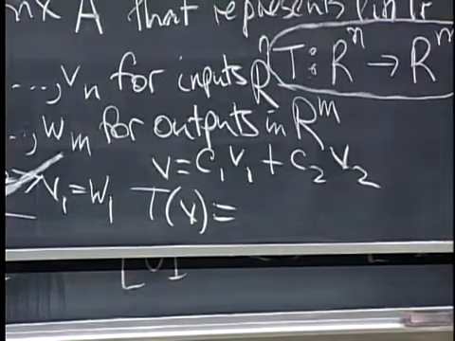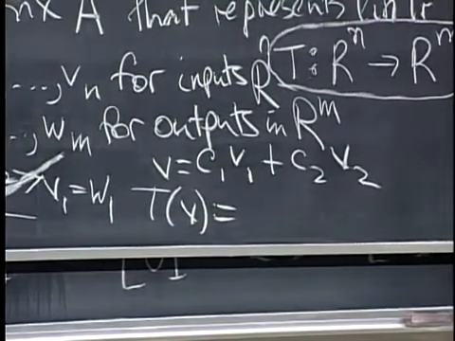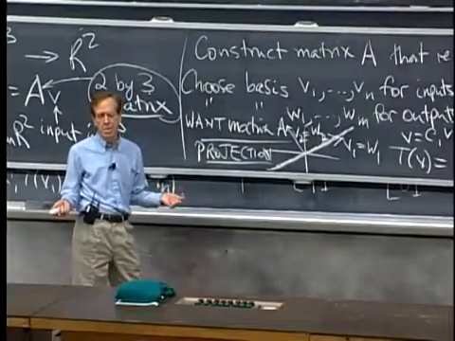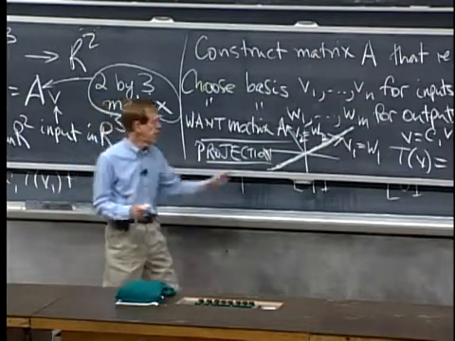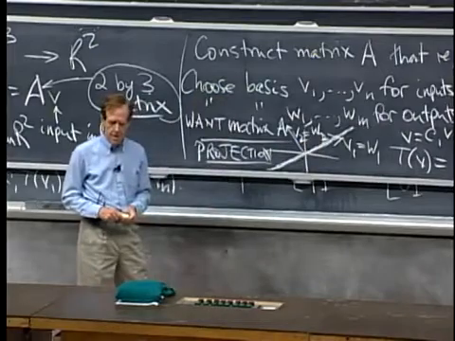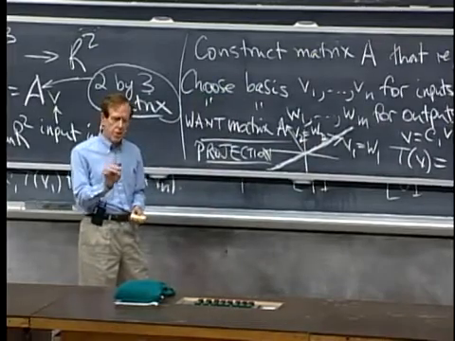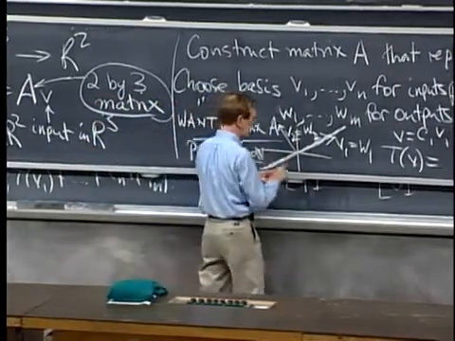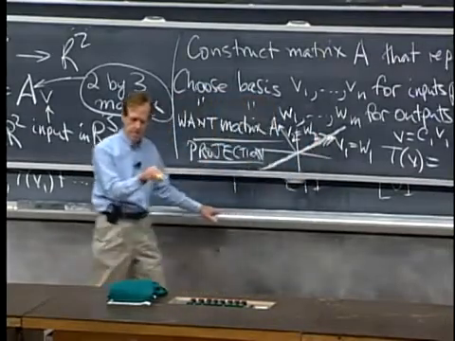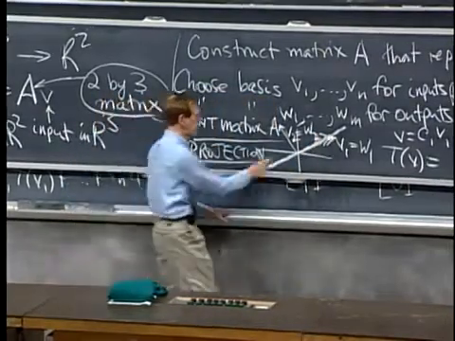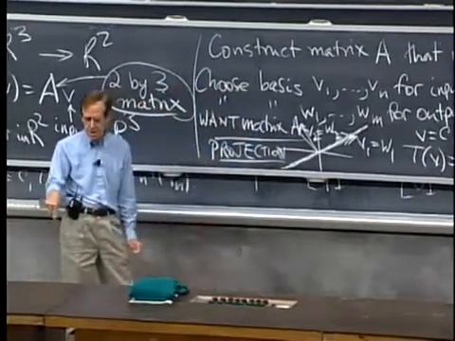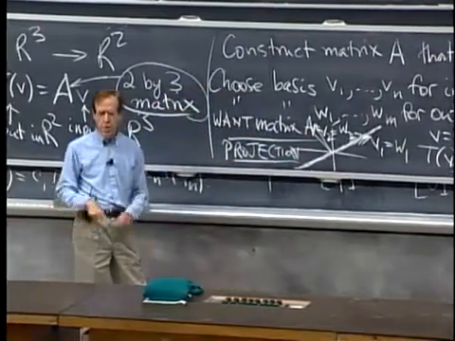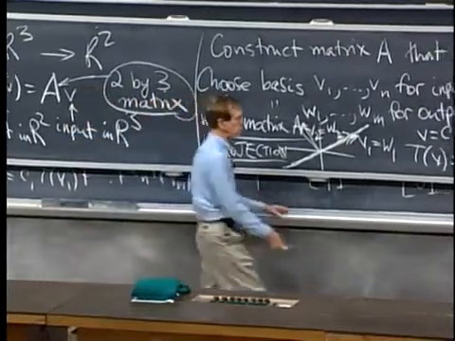Suppose the input is v1. What's the output? v1, right? The projection leaves this one alone. So we know what the projection does to this first basis vector. It leaves it. What does the projection do to the second basis vector? It kills it, sends it to 0. So what does the projection do to a combination?